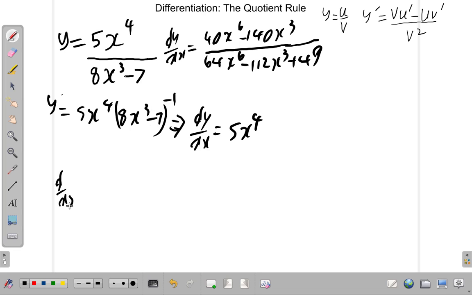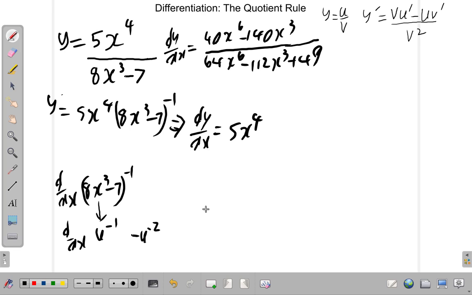So d by dx of (8x cubed minus 7) to the negative 1 will be like d by dx of u to the negative 1, where we have 8x cubed minus 7 being u. So what we would get is negative u to the negative 2, right? And then d by dx of the 8x cubed minus 7. Remember the chain rule.